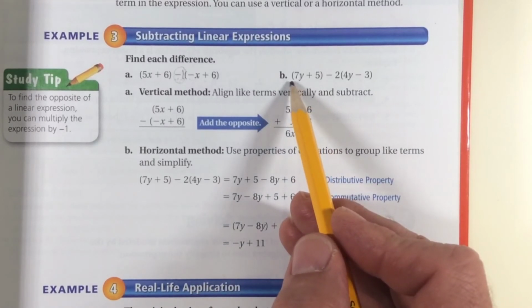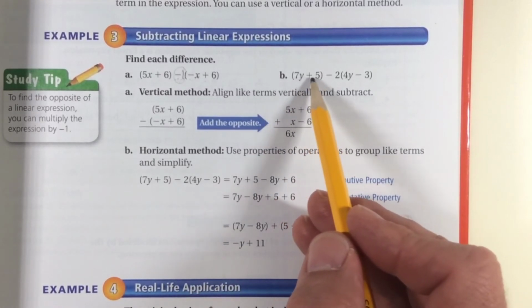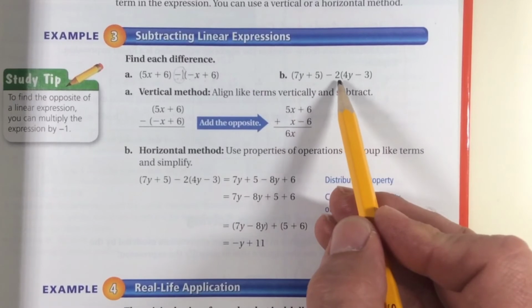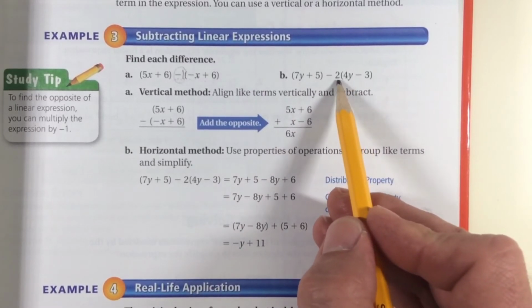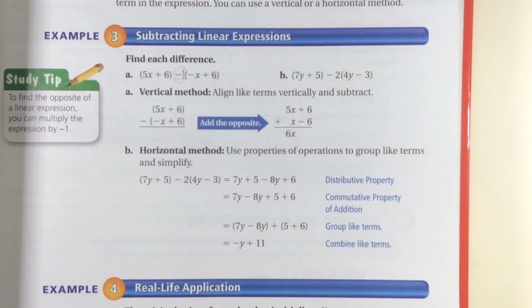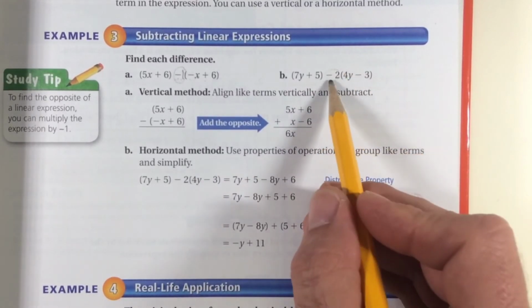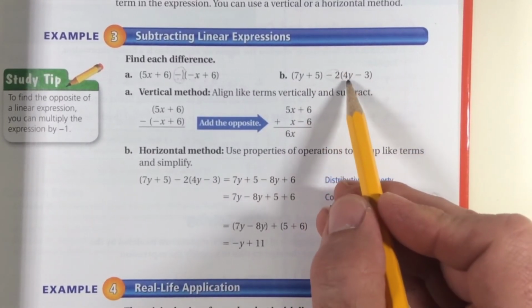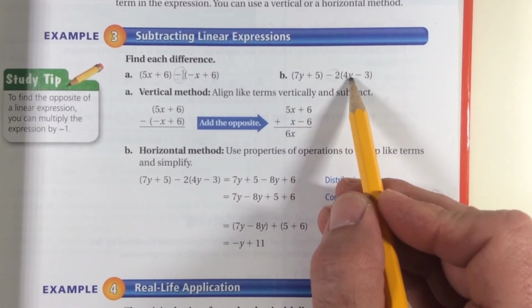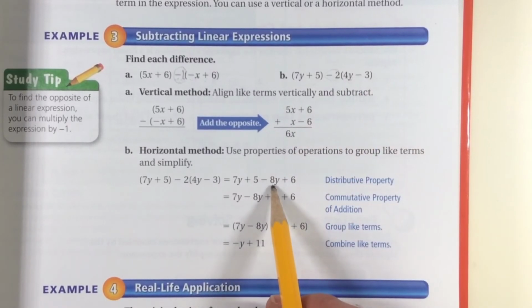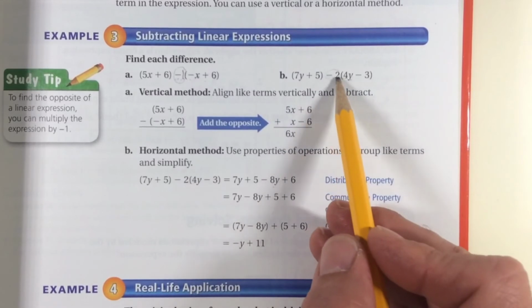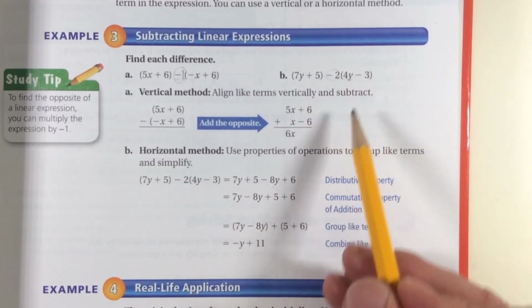Nothing to distribute on the first linear expression, so that's good. Here we have, what are we distributing? Not a 2. We're distributing a negative 2, of course. So negative 2 times 4y is negative 8y. Negative 2 times negative 3 is positive 6.